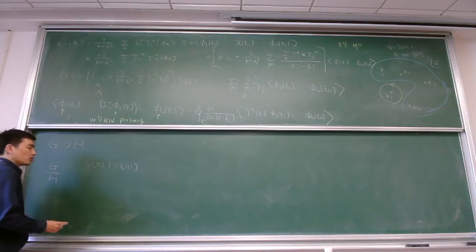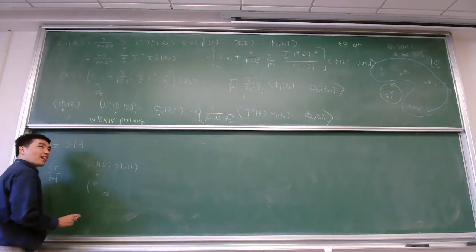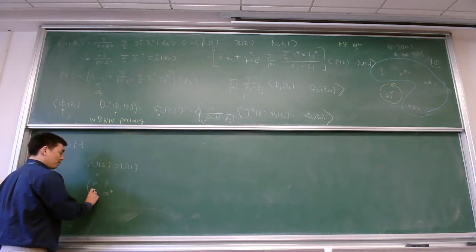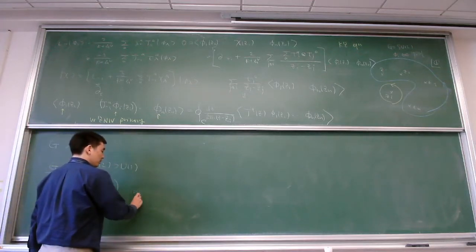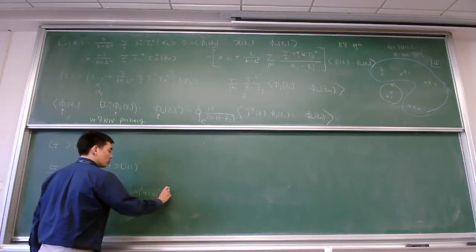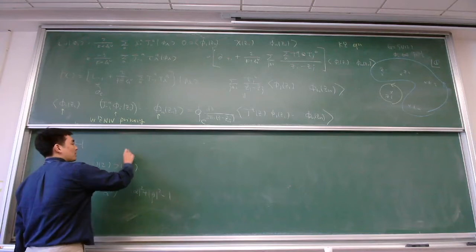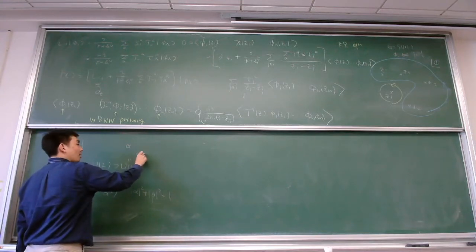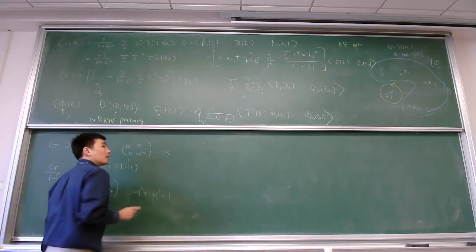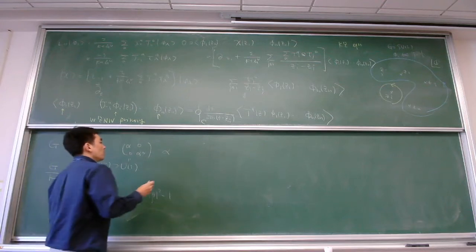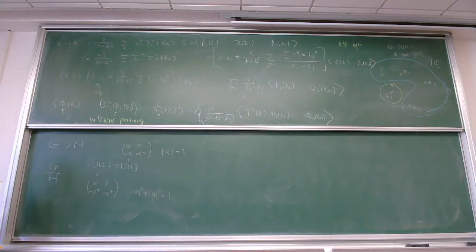We know SU2 is given by the matrix with entries alpha, beta, minus beta star, alpha star, where of course |alpha| squared plus |beta| squared is equal to 1. Therefore, it contains as a subgroup the matrices with alpha, alpha star on the diagonal and 0 elsewhere. This is the U1 subgroup.